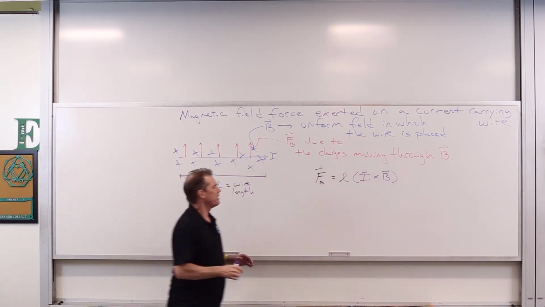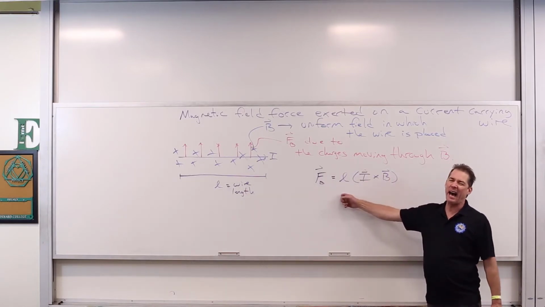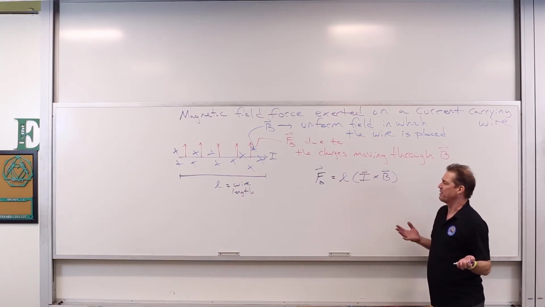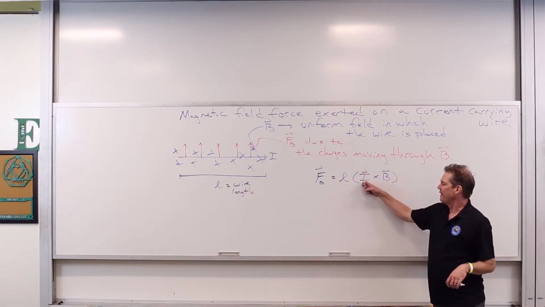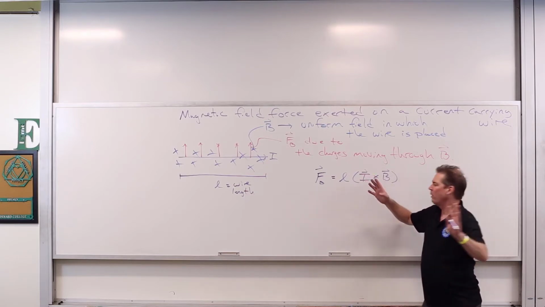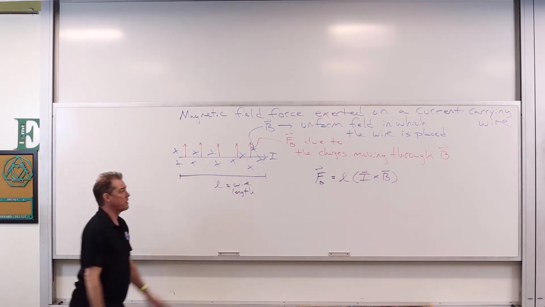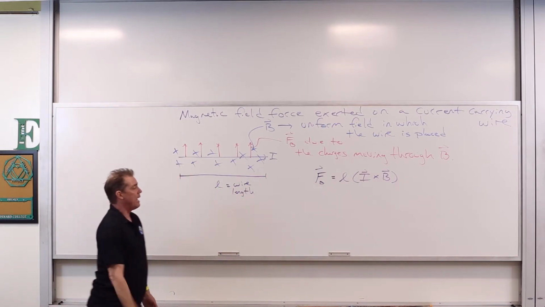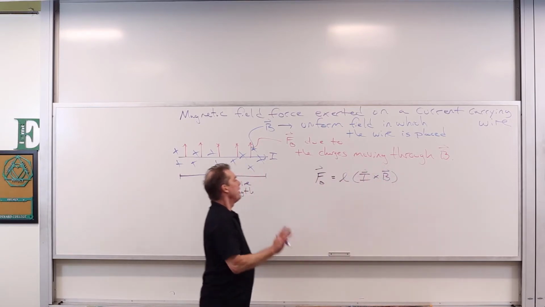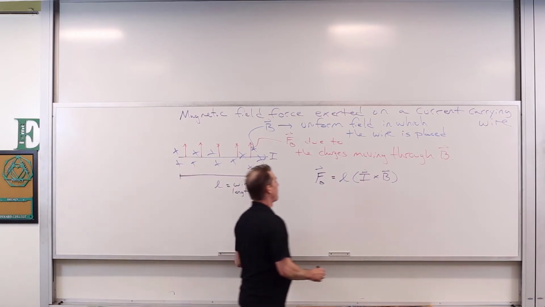Sometimes, in some places, like your book, you'll see that they don't use I hat, they use L hat. I prefer I hat, to be honest. The current has a direction, and it's not really the length element that has a direction. Doesn't matter though. Ultimately, we take the direction that the charges are moving, the direction of the current, cross it into the direction of the magnetic field, and we get the interaction, multiply it by the length, and we've got the total force that's distributed across the wire itself.